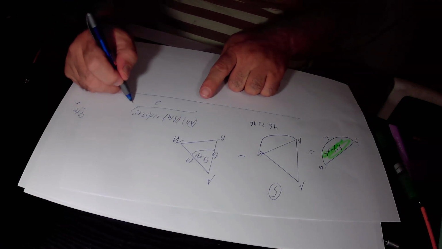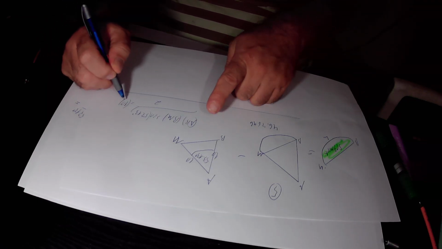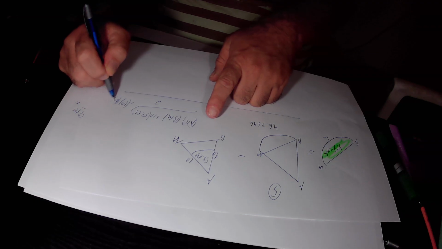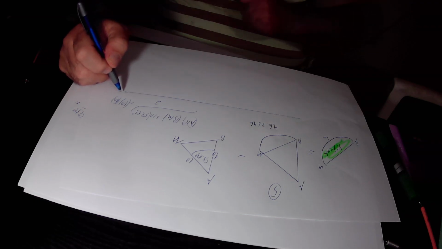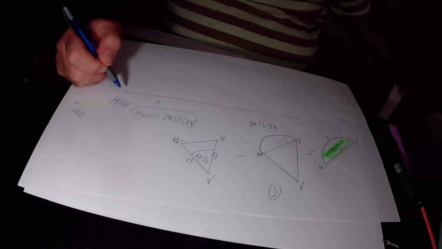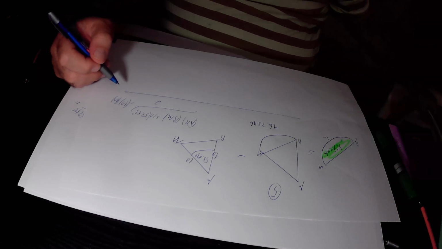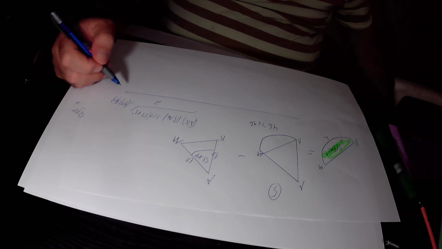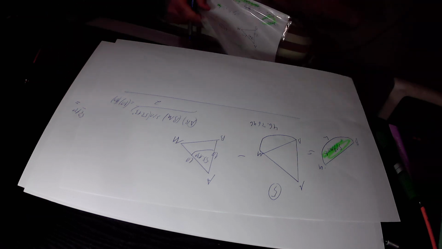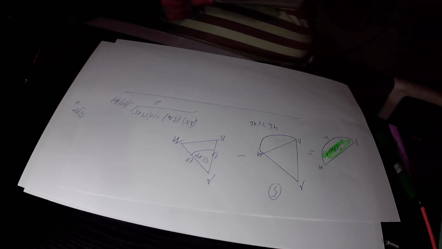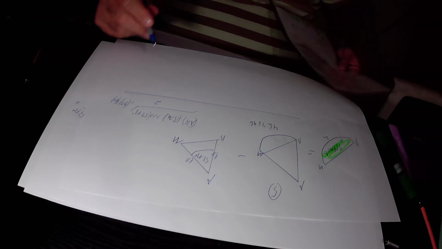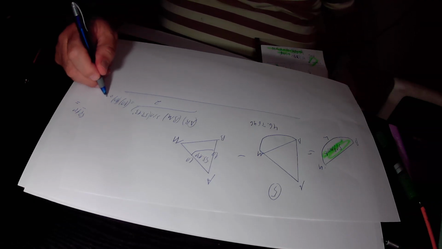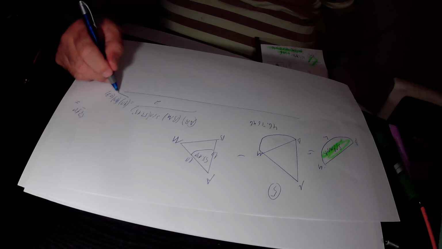AB is 10 times BM is also 10. Sine 53.13 is 0.8, divided by 2.